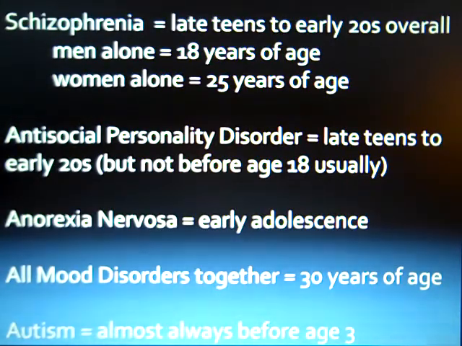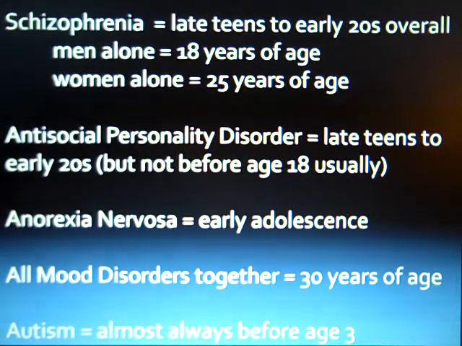Antisocial personality disorder, late teens to early 20s is where you kind of start to see this, but not really before the age of 18. You generally don't see those symptoms come on before that. And you generally don't see symptoms of antisocial personality disorder develop into your 30s and 40s. Generally, it's much before that. With anorexia, it's early adolescence is when you start to see the symptoms come onto the scene.